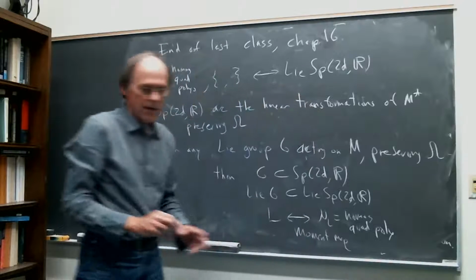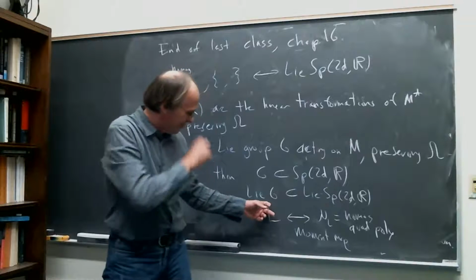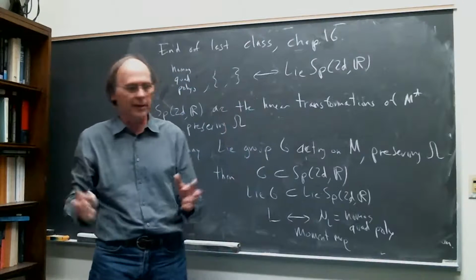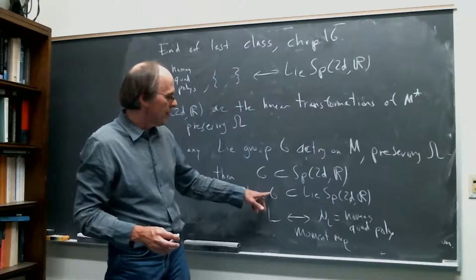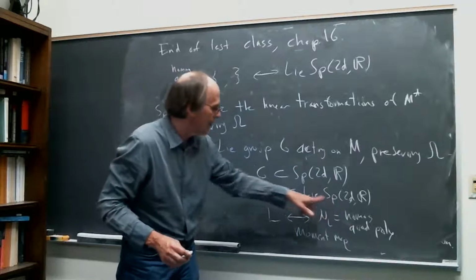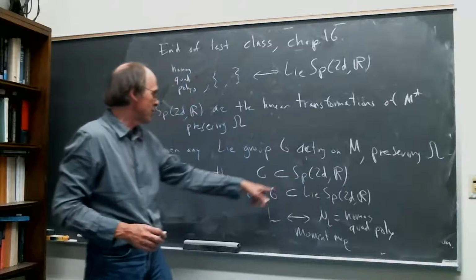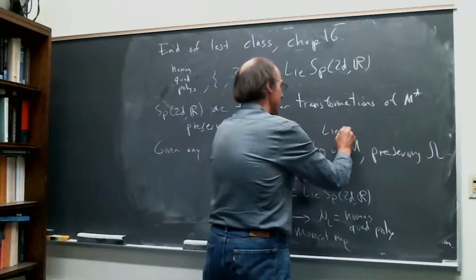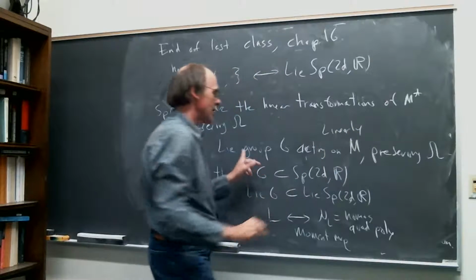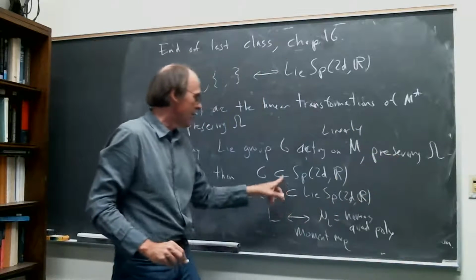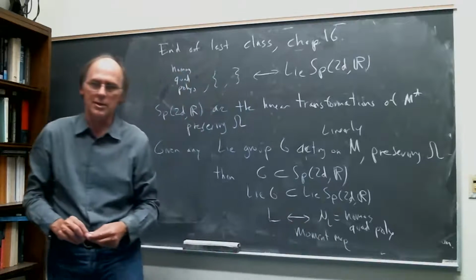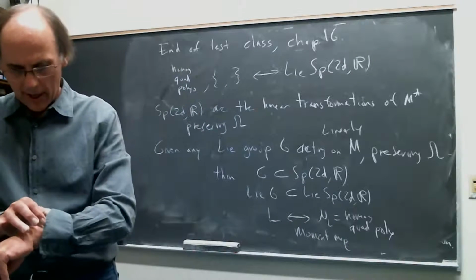In general, for a general Lie group acting on a general manifold, this doesn't necessarily happen. This only happens if it is acting linearly. If you have a linear action on M preserving this, then you get this. Okay, unfortunately, I'm kind of running out of time here.